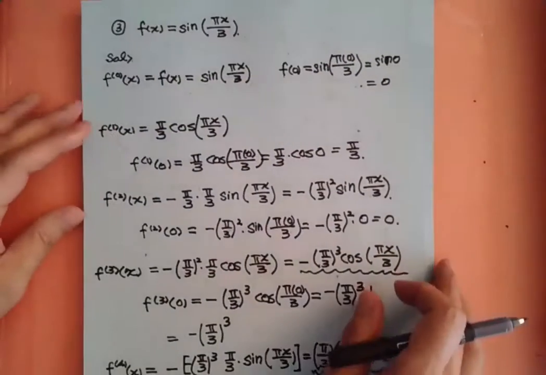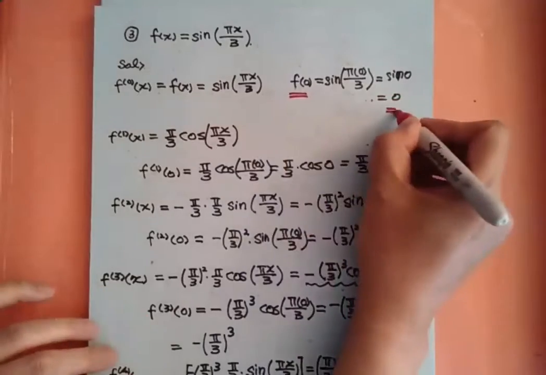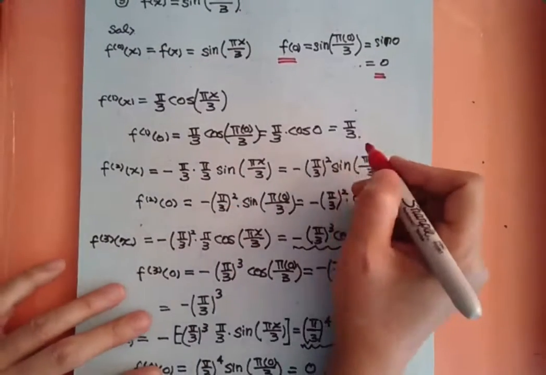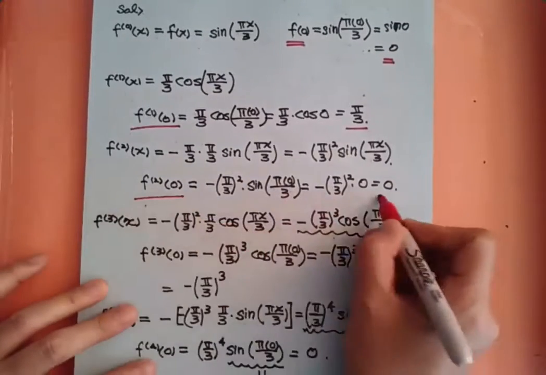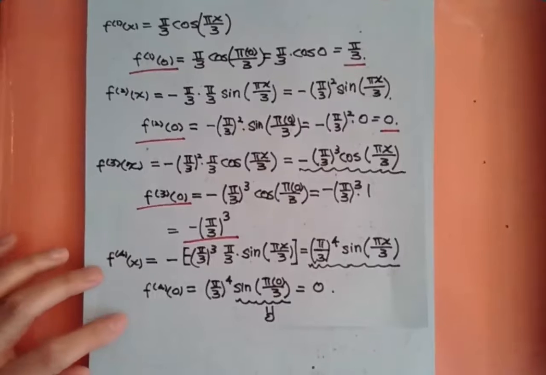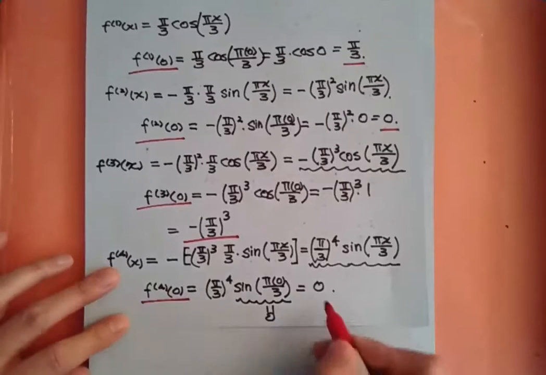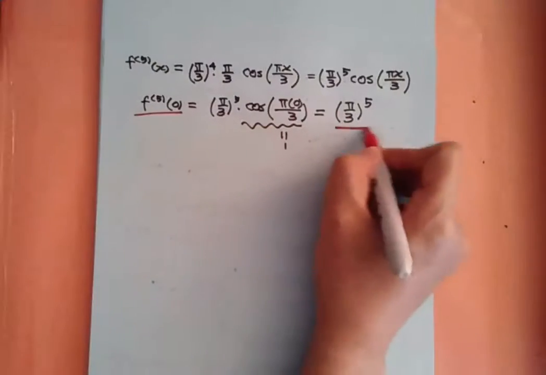So here is a fundamental problem. It starts with f of 0 equals 0. And then the first derivative became pi over 3, and the second derivative becomes 0, and the third derivative became minus pi over 3 cubed, and the fourth derivative became 0, and so on. And the fifth derivative is pi over 3 to the fifth power.